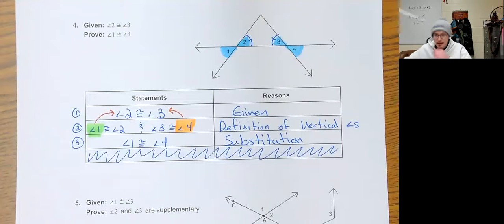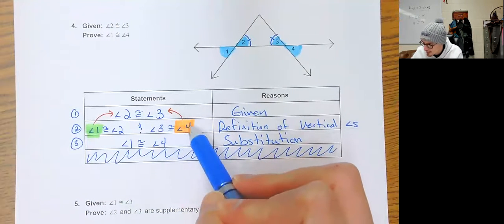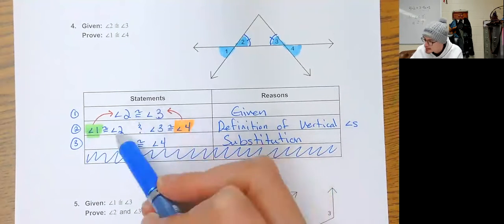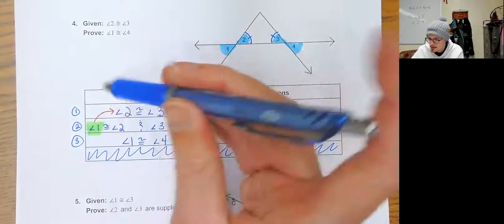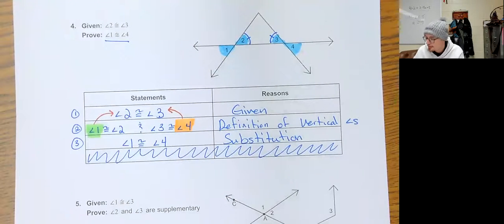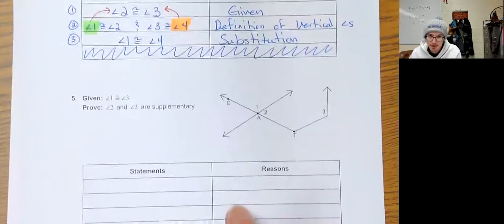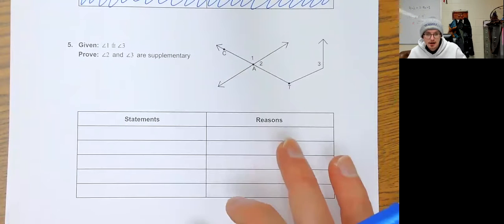I did substitution and then substitution a second time. You can just do it all at once. Angle 3 can be substituted with angle 4, plop it in. Angle 2 can be substituted with angle 1, plop it in, and you get it. That's what you're trying to prove. Perfect. Awesome. Okay, let's move on to number 5. And then I'll cut this video off there.